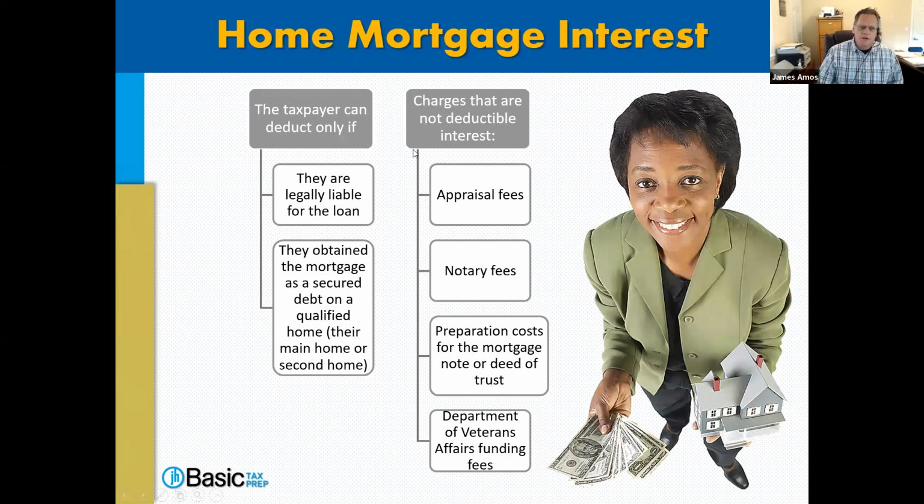Charges that you do not include in interest that might be part of closing costs are appraisal fees, notary fees, preparation costs for the deed, funding fees if you're part of the Department of Veterans Affairs or using their assistance. The point is these are all costs of closing a deal. They're not part of the loan itself. They're not considered interest. Okay?